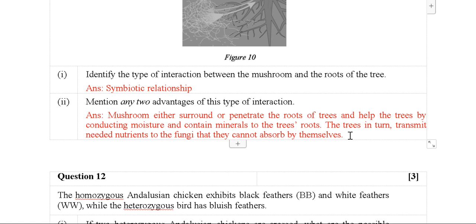This way these two organisms, the large sized plant and the mushroom, are interacting. We can say it is a positive interaction. Both are beneficial here. So we can easily say that it is the mutualistic or symbiotic relationship where both the organisms are benefited.